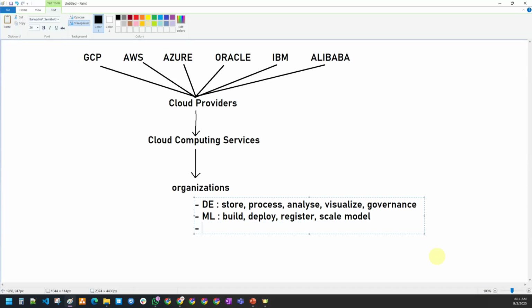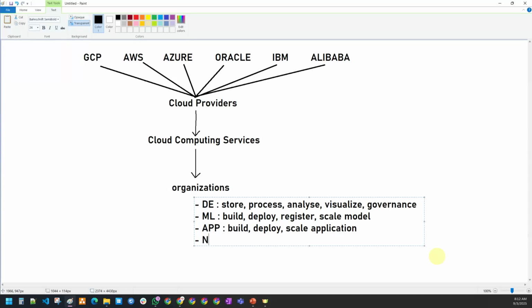Not only that, for example, the application development team can build the application, deploy the application, and scale the applications.